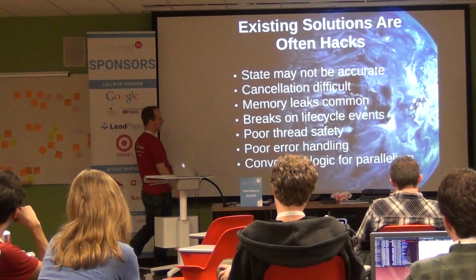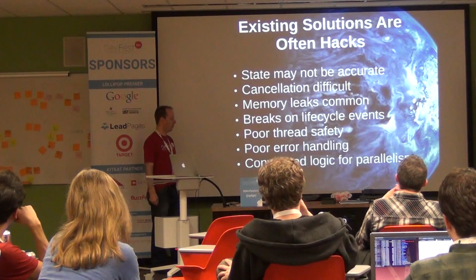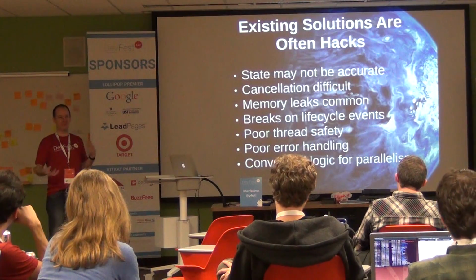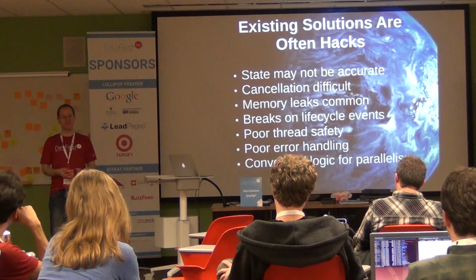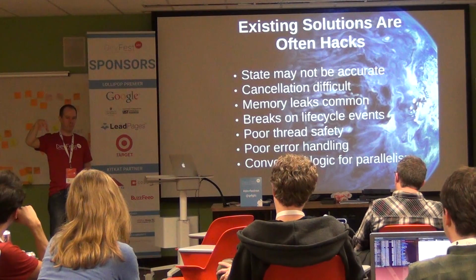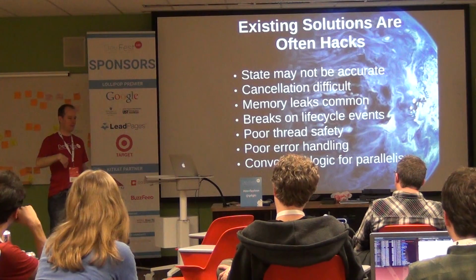So existing solutions like AsyncTask have a ton of problems. For example, try canceling an AsyncTask. It may be 50-50 whether it works, because if something is actually running on a processor, it will wait until it finishes that statement to check whether it should cancel.